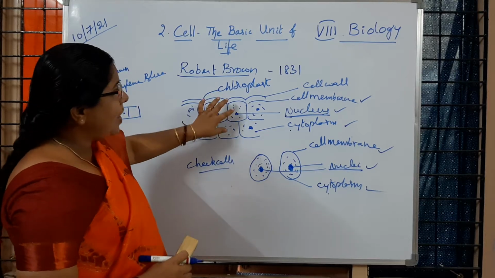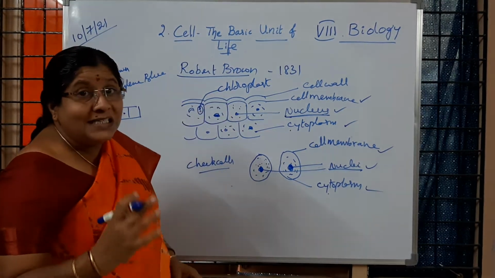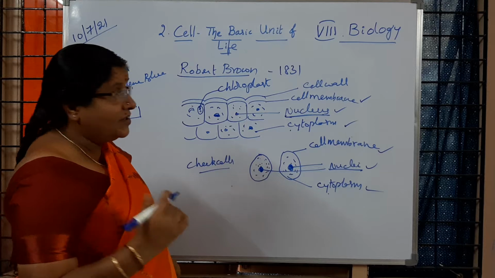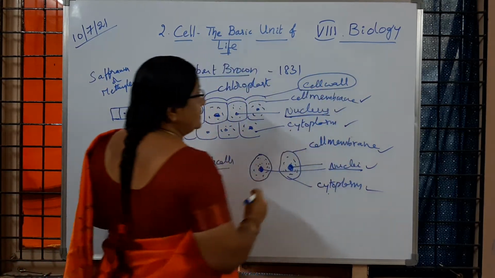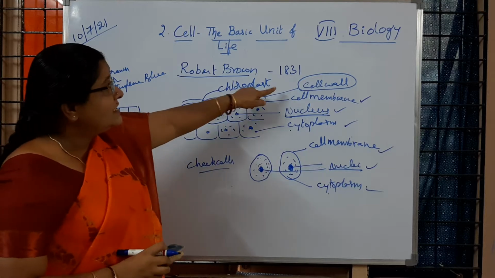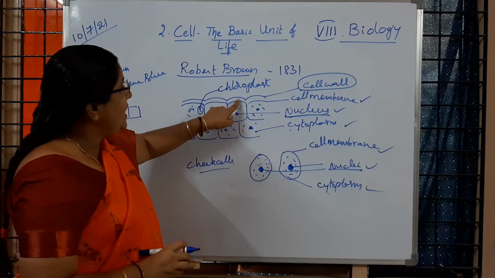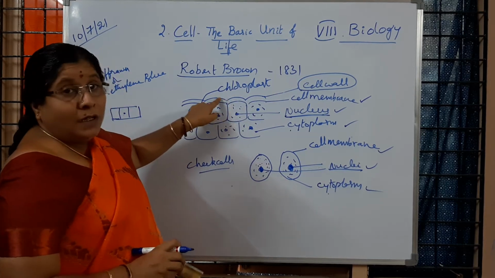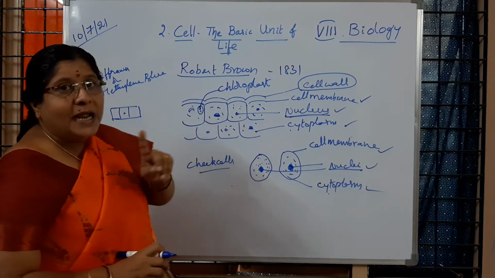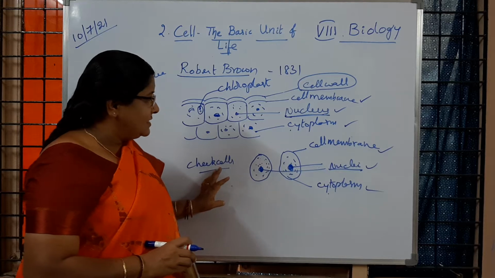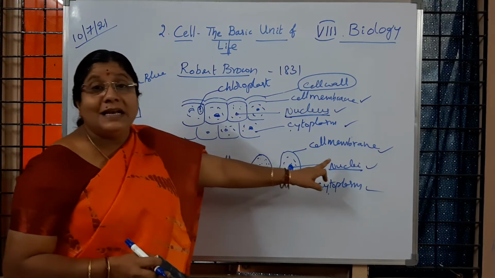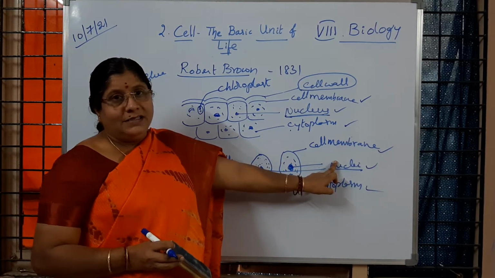So what is the difference? The major difference you are observing is only one cell part, that is the cell wall. The cell wall is seen only above the cell membrane of plant cells, but the cell wall is absent in animal cells, where we observe only the cell membrane. Is it clear to children?